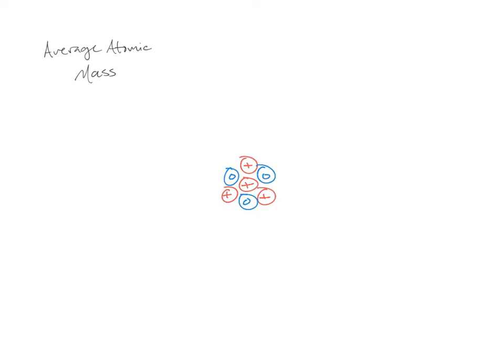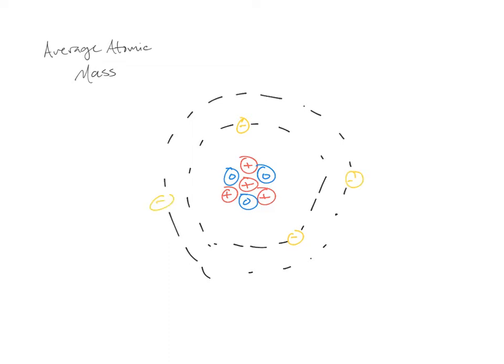And then going around the outside on these little things called orbits, which were discovered by Niels Bohr, you've got electrons. So we've got 2 electrons on that one. Got to make everything accurate. And 2 electrons on this next ring. So this is what an atom looks like. Got protons and neutrons in the middle, electrons on the outside.